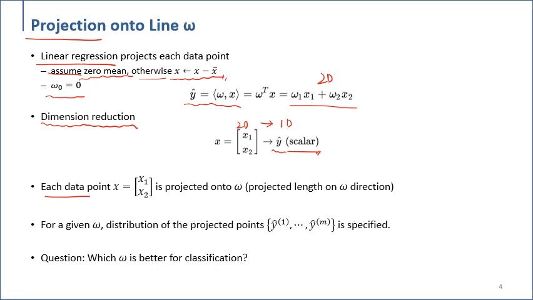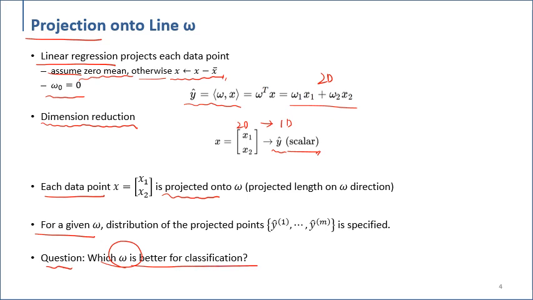So each data point is going to be projected onto omega, giving the projected length in the omega direction. For a given omega, the distribution of the projected points is specified. Our remaining question is, which omega is better for classification?